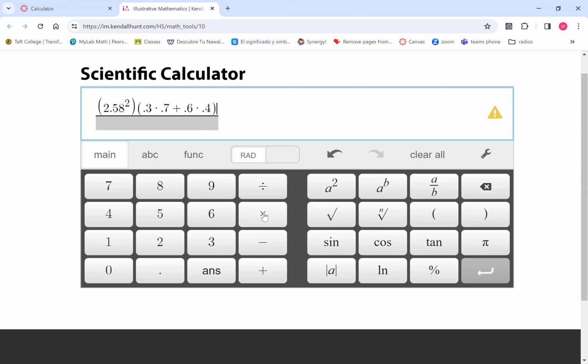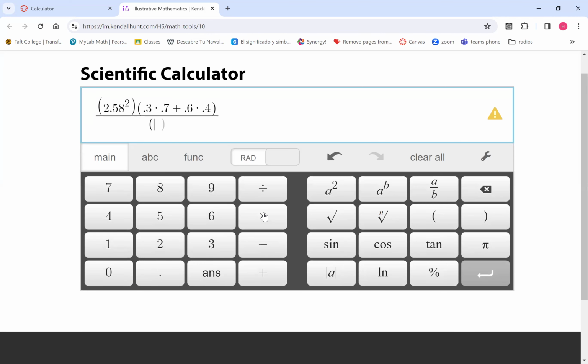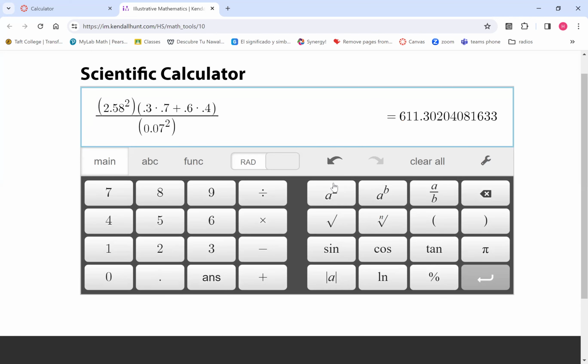Let me close my parentheses. And at the bottom, I have 0.07 squared, and I'll even close my parentheses. So I have 611 point something.